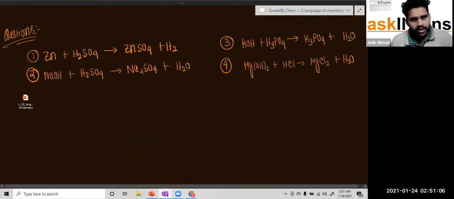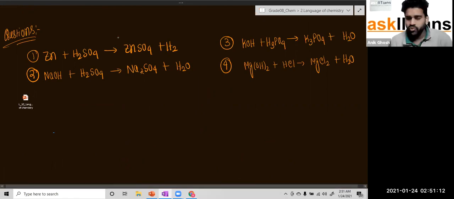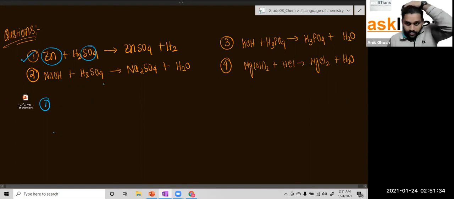Now coming to this part. Now you have to try doing the question number 1. So what is happening in question number 1? Zn is getting connected with SO4. And this is a displacement reaction and hydrogen gas is being evolved. This was an irreversible chemical reaction, right?